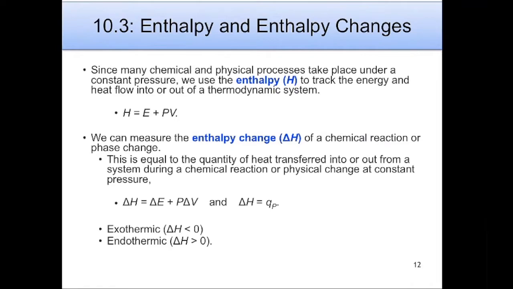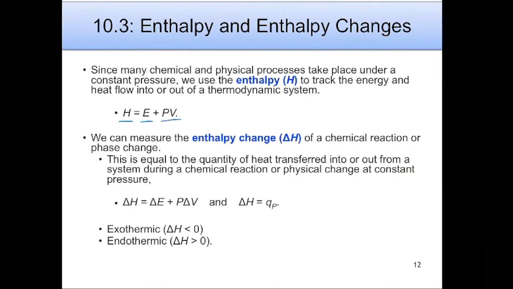Now, most chemical and physical processes take place at a constant pressure, so then we can use this term enthalpy, or H, to track the energy changes and the heat flow into or out of a system in terms of thermodynamics. So if we want to define enthalpy, H is going to be the sum of the internal energy plus our PV work.